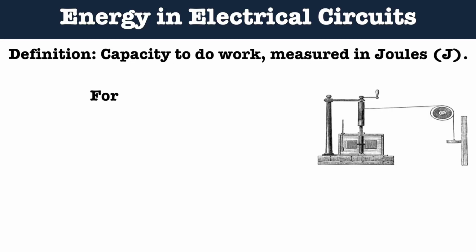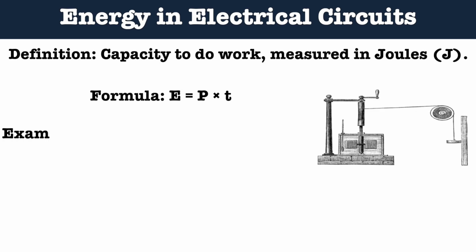The energy consumed by an electrical device can be calculated using the formula E = P × T, where E is energy in joules, P is power in watts and T is time in seconds.